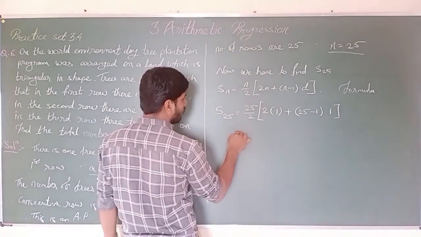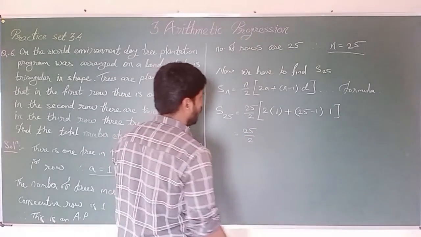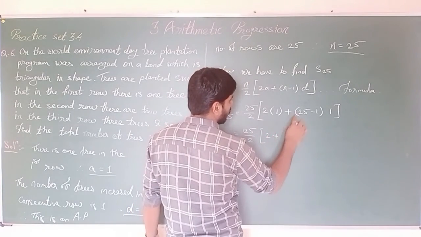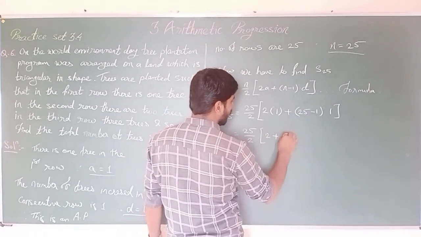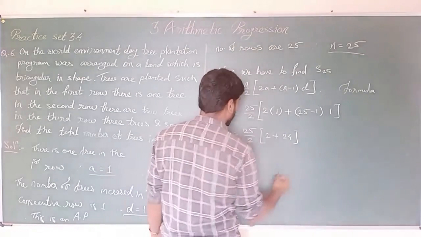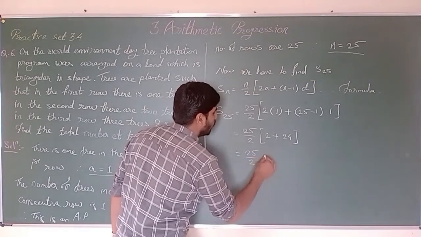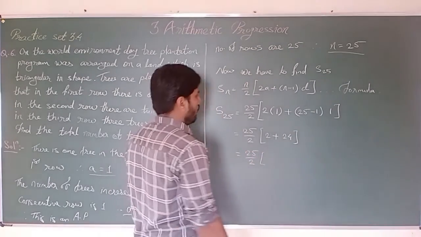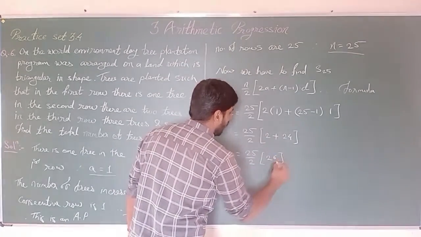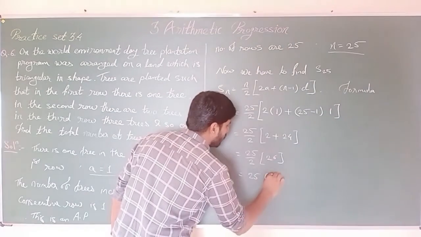So this will be equal to 25 upon 2, and the remaining terms in the bracket are 2 plus 24 into 1, that is 24 only, and 25 upon 2 into 24 plus 2, that is 26, and half of 26 is 13.